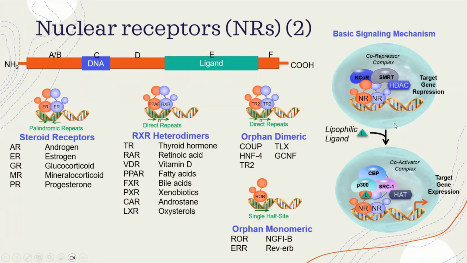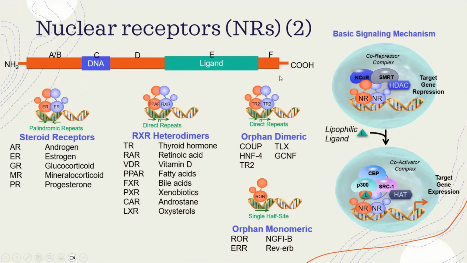The basic mechanism here for all of the different receptors is shown off to the right, where we have a lipophilic ligand. It's able to cross the membrane, and this is important because these receptors are not found on the cell surface. They're found within the cytosol, or within the nucleus, so they have to get within the space where they can interact with this ligand binding domain.